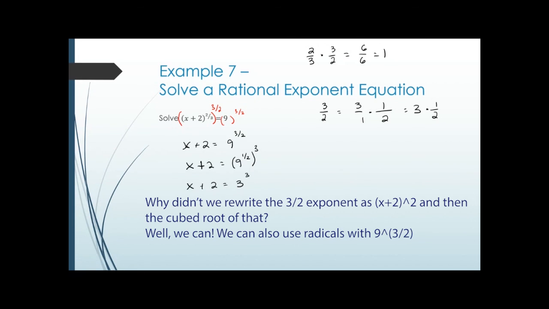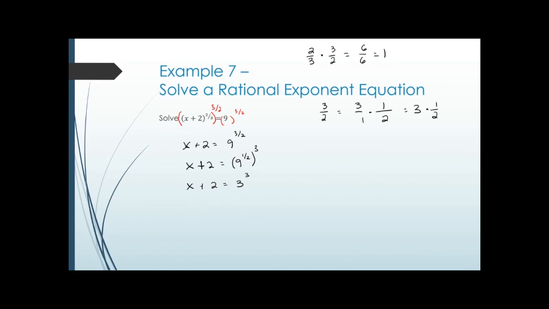You can definitely do it the other way, but if you did that on the left with the x plus 2, it's a lot more complicated to solve, which is why I didn't do that. You could take this 9 to the 3/2 and turn it into 9 cubed and then the square root. That's the same thing, and you're allowed to rearrange those.